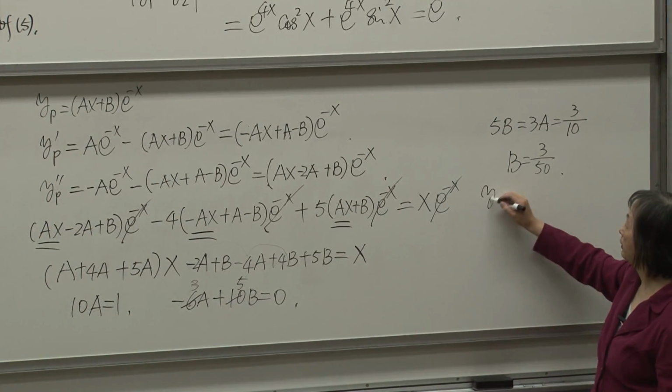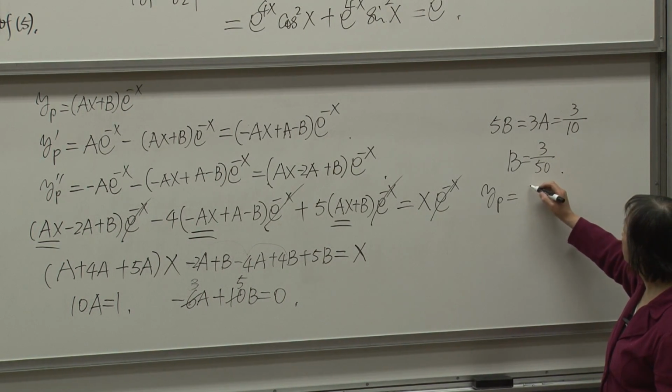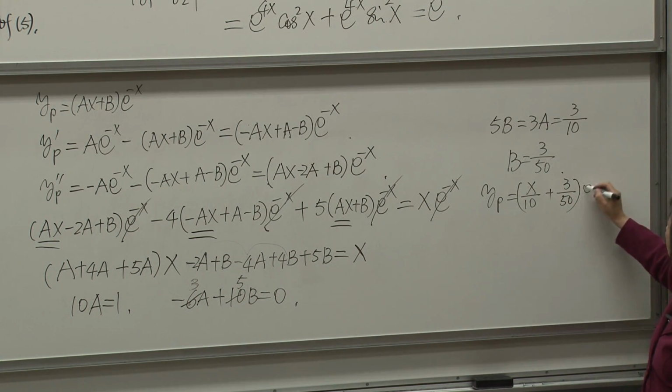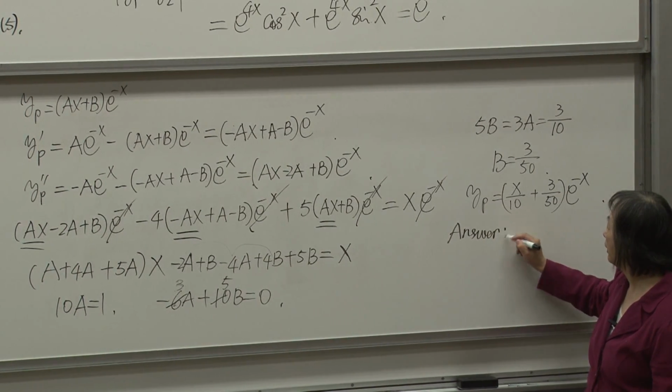So yp then is x over 10 plus 3 over 50, multiplied by e to negative x. Now we can write out the answer to this problem.